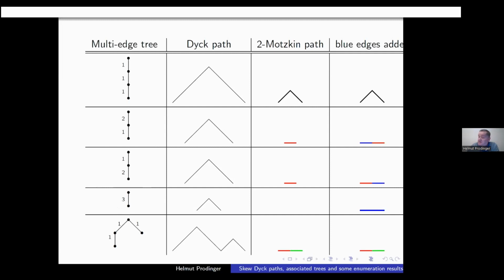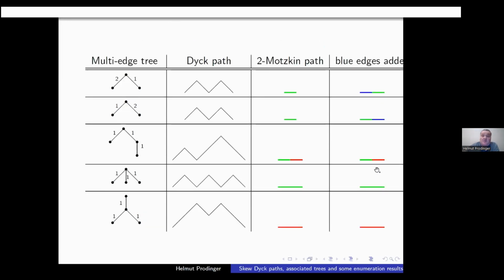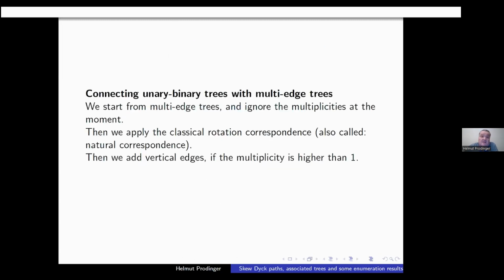The rules I'm not describing in detail, but you see that if the number is 1, then no blue color occurs. But if there is number 2, then there are some horizontal blue steps as well, according to certain rules that I'm not giving you. So all the 10 examples are here, and one can go through this. That's a nice exercise.